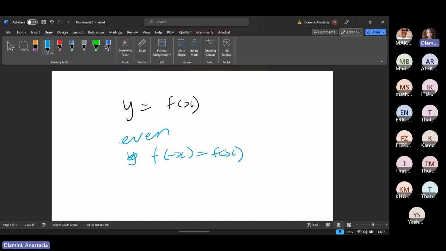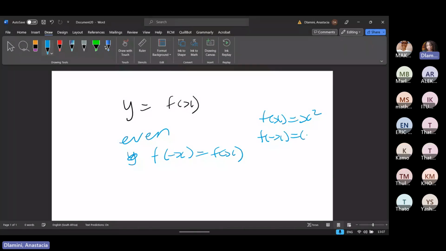One example of an even function is f of x equals x squared, a parabola, because f of negative x is also x squared. So that's an even function.